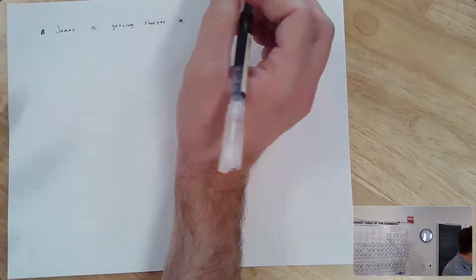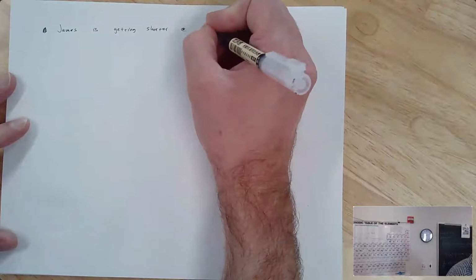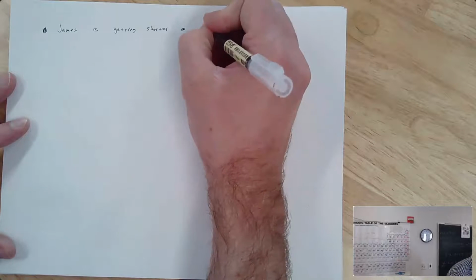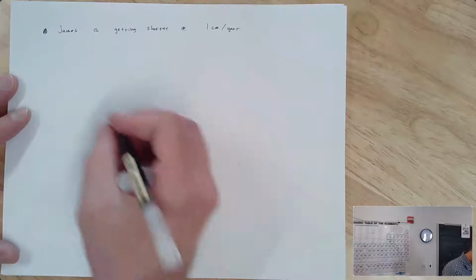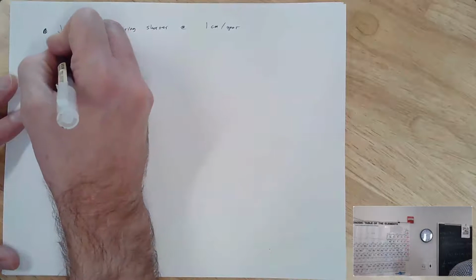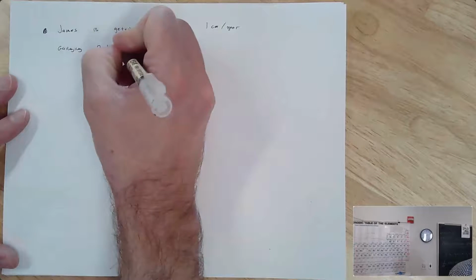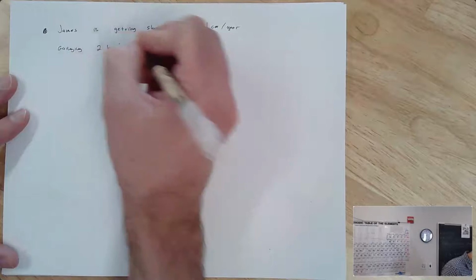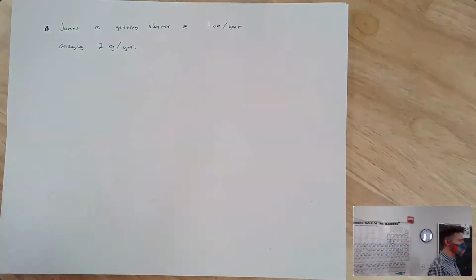Not really, I'm just making things up. And let's use the metric system. So let's say at 1 centimeter per year. And gaining a little weight. Let's say he's also gaining 2 kilograms per year. Notice there's time, right? I can't avoid the time. I feel like you might be able to do it, but it's not easy.